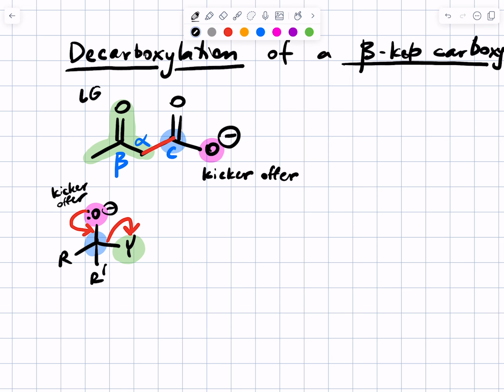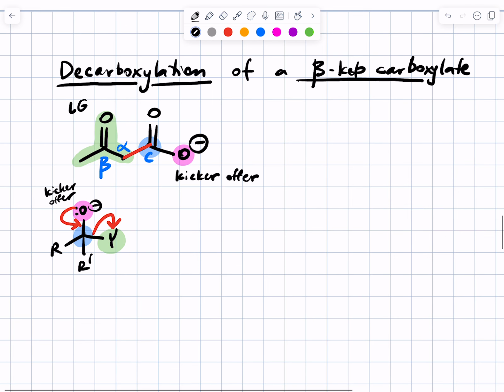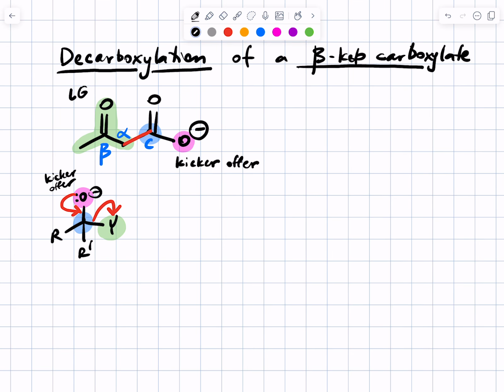Now, how is it possible that that's a leaving group? Let's just try and see what the leaving group would be, and then see whether that's reasonable. When a kicker offer kicks off a leaving group, electrons kick down and the leaving group leaves. Notice what becomes of the oxygen of the kicker offer.